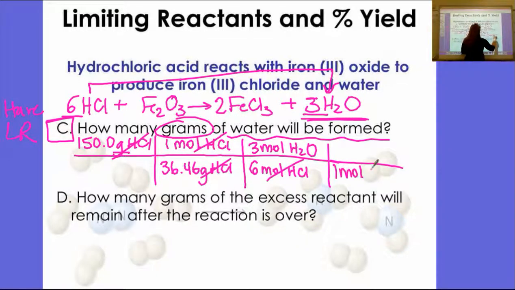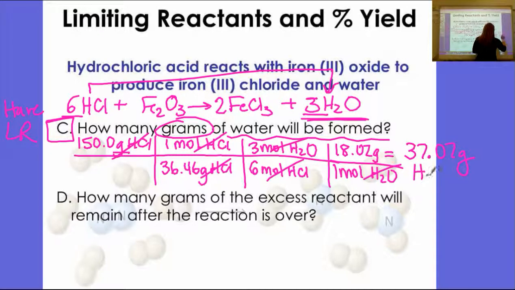So looking on the periodic table, 1 mole of water is 18.02 grams. 150 times 3 times 18.02 divided by 36.46 divided by 6, you should get 37.07 grams of water produced.